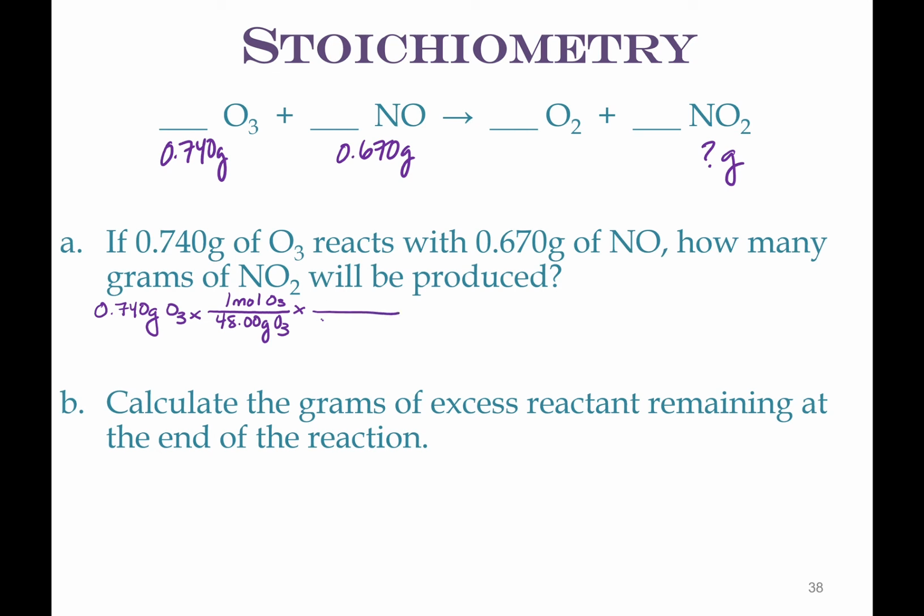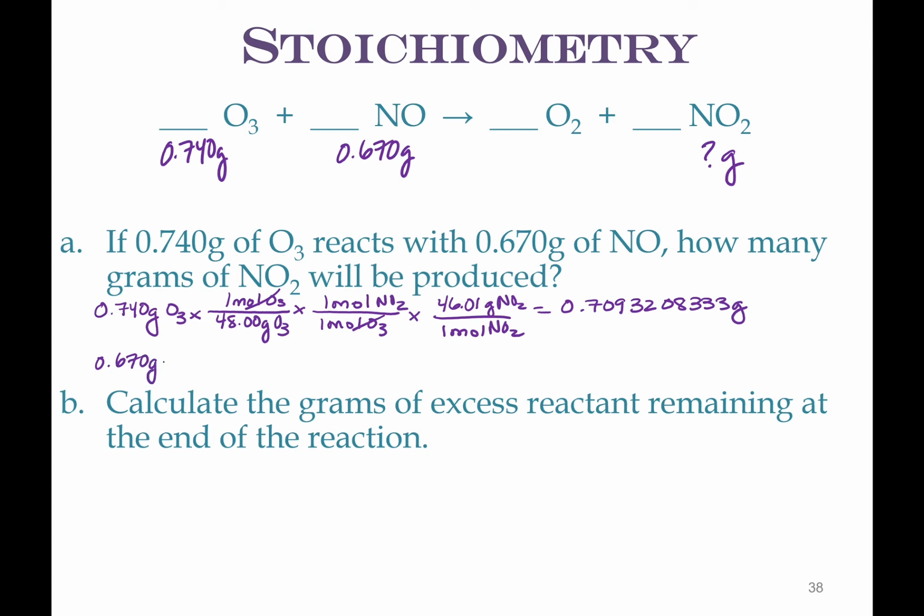So 1 mole of O3 will produce 1 mole of NO2. And 1 mole of NO2 has a mass of, what was it? Just calculate it. 46.01 grams. So my calculator gave me 0.7093208333 grams.